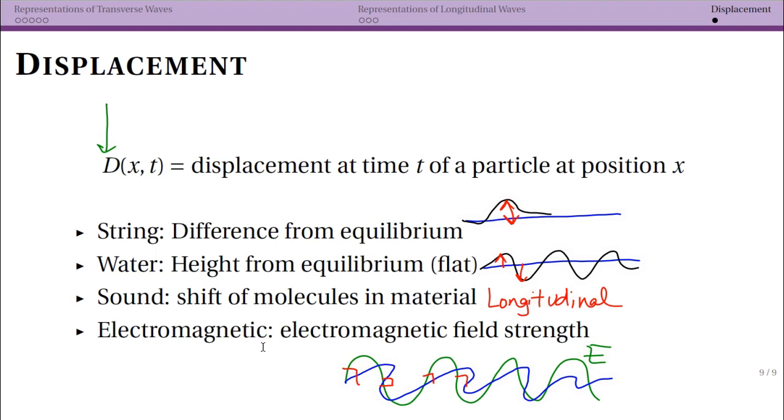So electromagnetic waves include both electric fields and magnetic fields, and the book can give you some much better 3-dimensional pictures than I do. But so when we talk about displacement, that's actually going to be the field strength. So this up and down is actually pointing to the left, pointing to the right in different magnitudes.